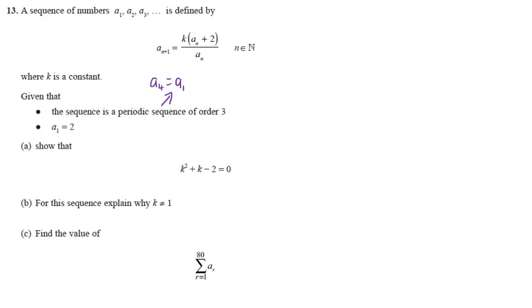And we want to show that, first of all, that k is 2. Well, what can we do? Well, first of all, let's just try and work out the terms. So a1, we're told, is equal to 2. So a2 must be equal to, and we just substitute these into the formula, so we're going to get k times 2 plus 2 over 2, which is 2k.